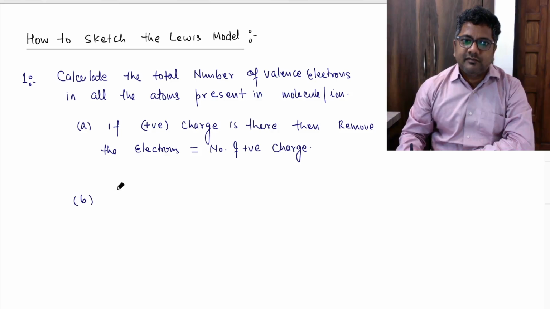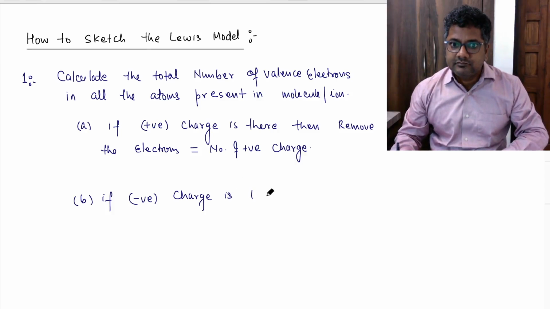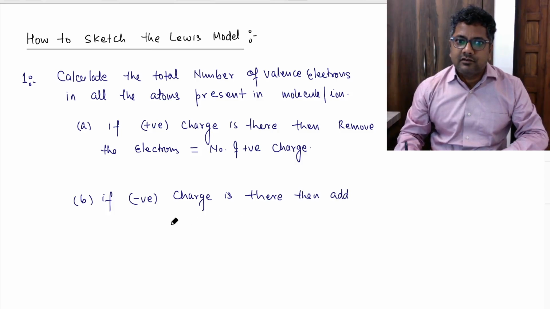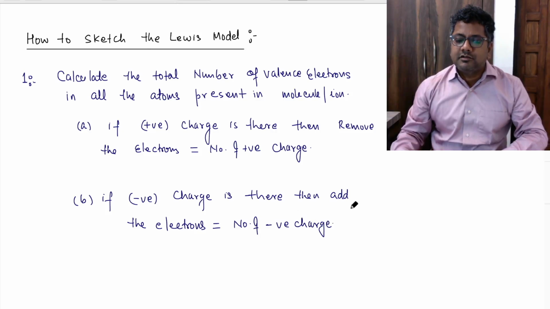Second part, if a negative charge is there, then add the electrons equal to the number of negative charge, right?